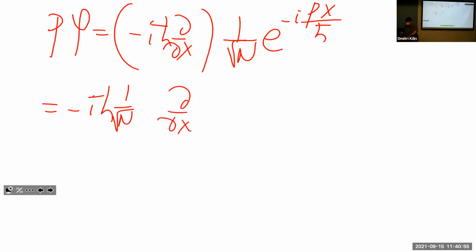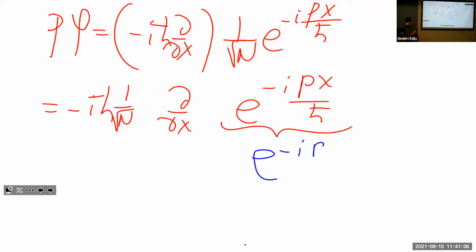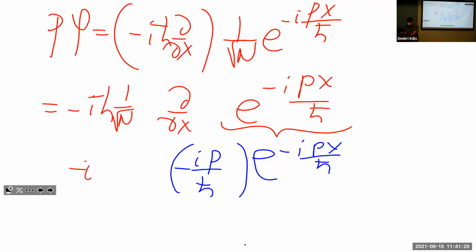The derivative of this stuff will be e to the minus i p x over h bar, and up front we get everything except x, minus i p over h bar. And we have a heritage from the previous step, i h bar times 1 over square root of n.